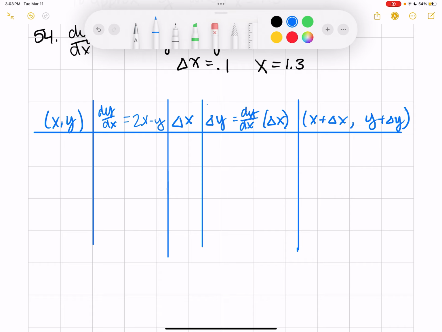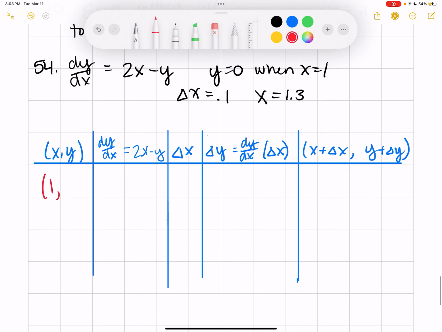Okay, on that note. I might have to go this. All right, so I start at 1. So when x is 1, y is 0.